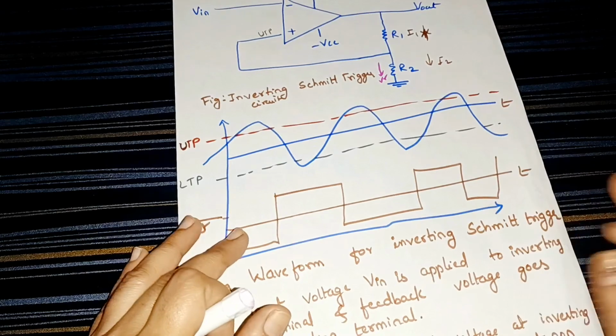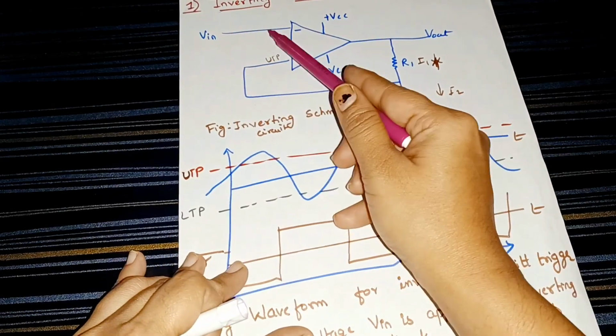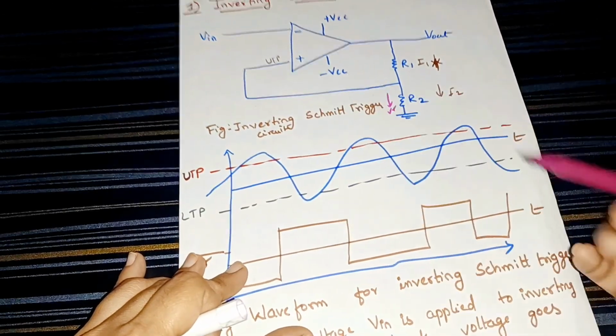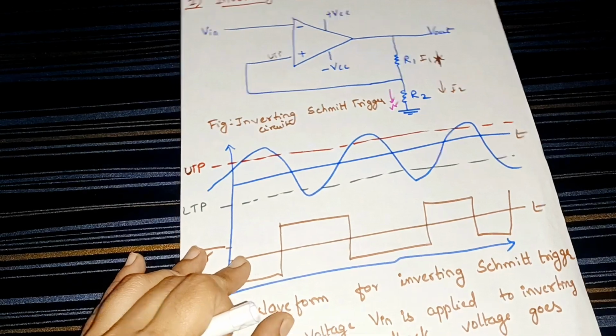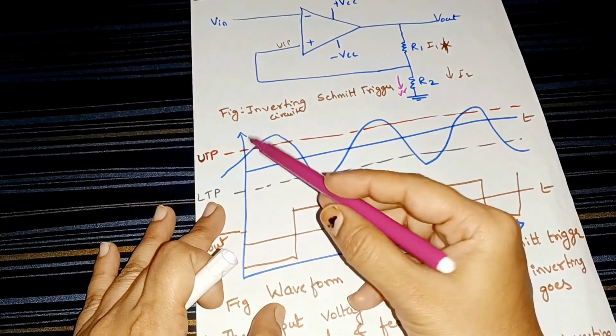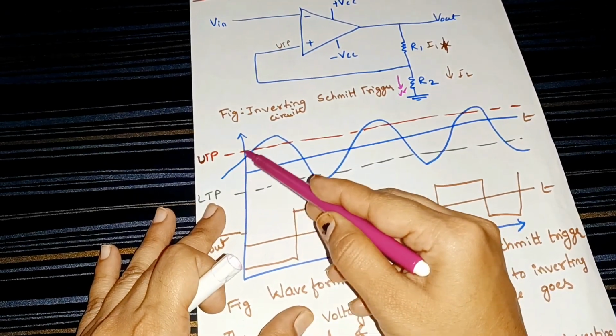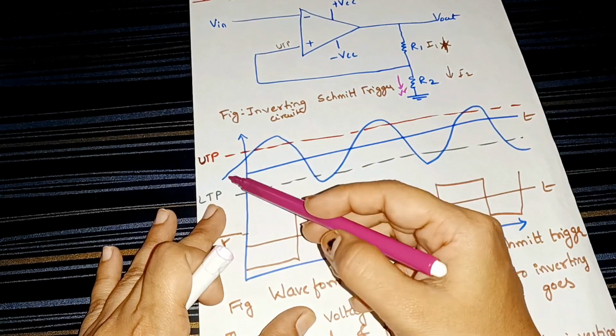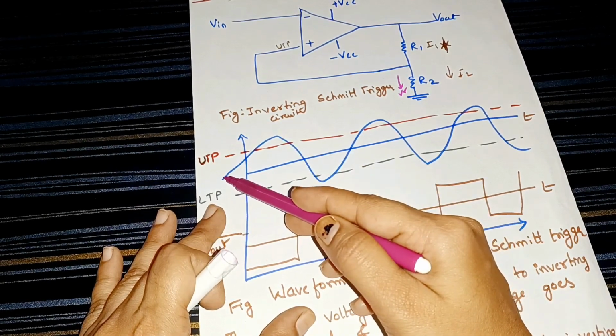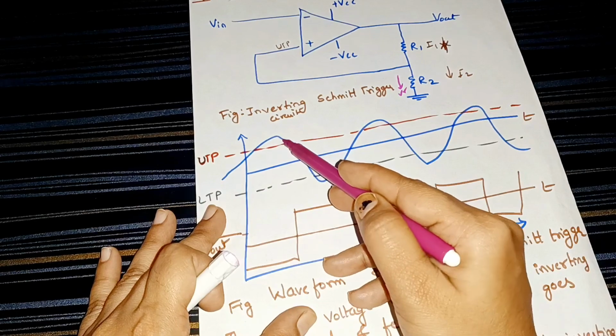Next, let us see how a sine wave given at the inverting terminal generates a square wave. The input signal starts at the UTP level.